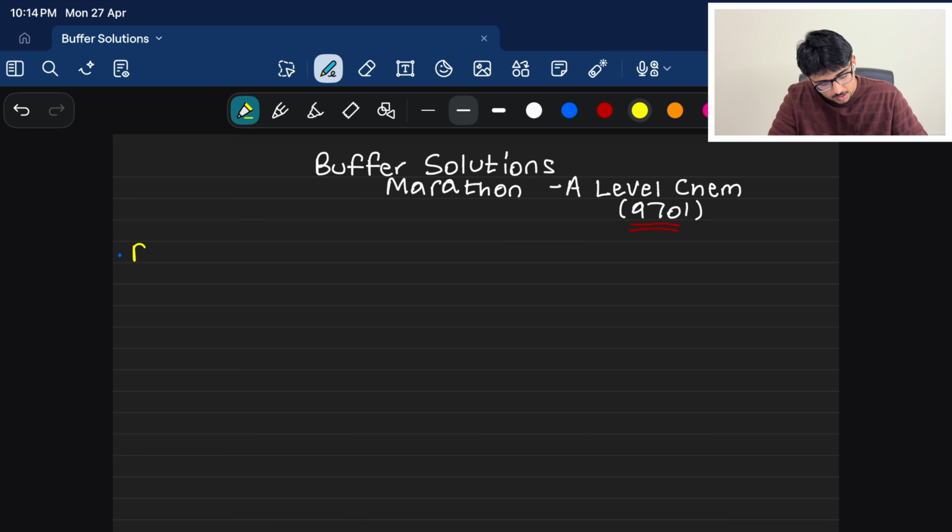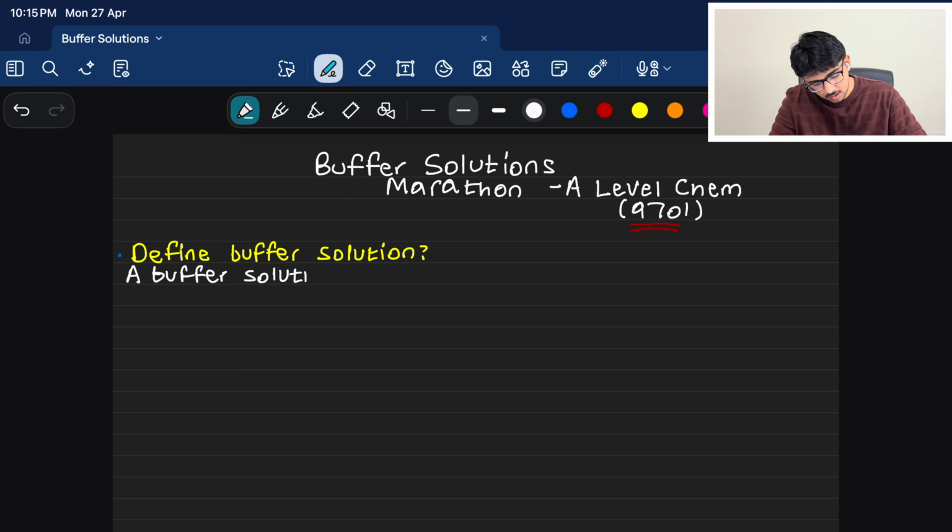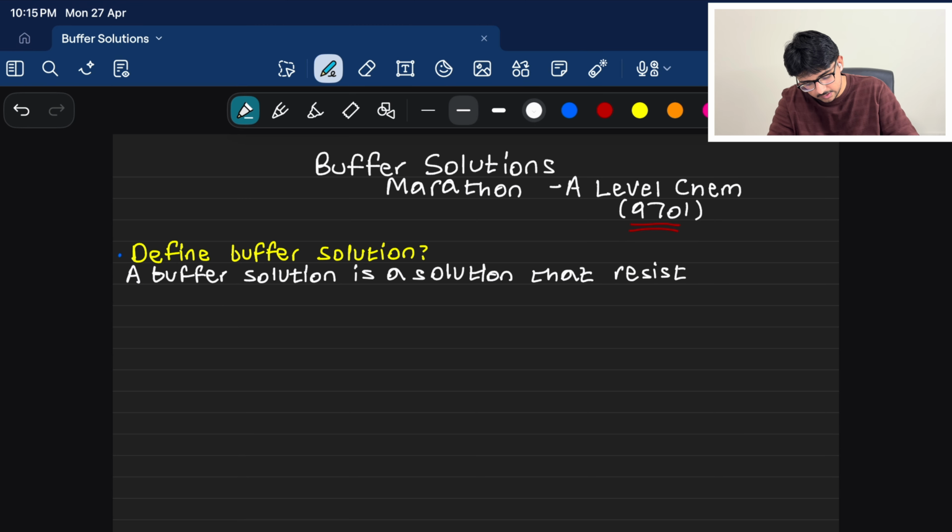This is the first definition you need to learn, and they're going to ask you this straight up in the exam. So the first question is: define a buffer solution. So we now know the answer for it, that a buffer solution is a solution that resists changes in pH when small amounts of acid.